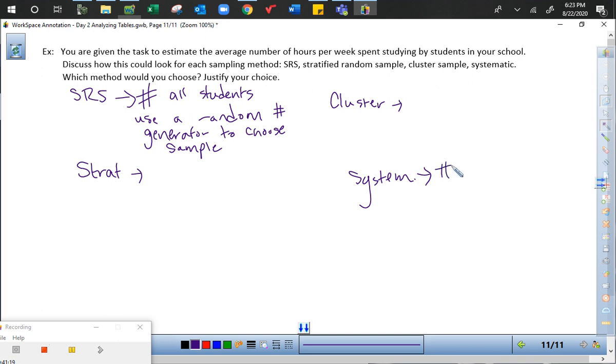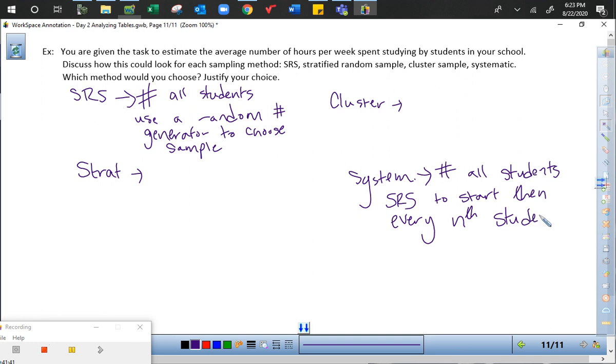Systematic, I'm going to skip to that because that's also something that looks very similar. Okay, we're going to number all our students. And then we're going to do an SRS. We already talked about that. To start. Then every nth student after that, however many you want in your group.